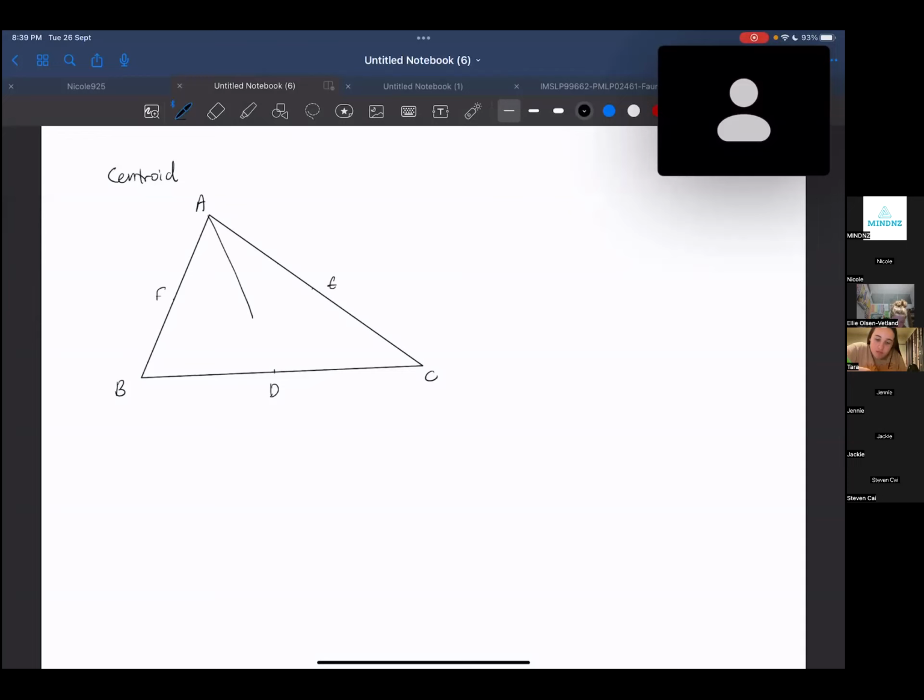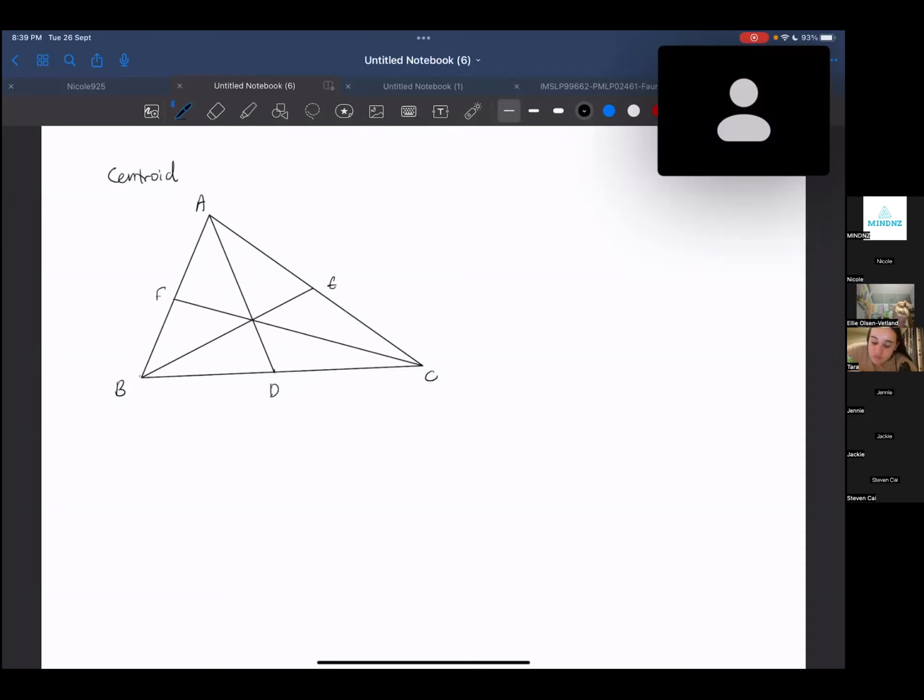I've eyeballed it a little bit, but hopefully they line up. Okay, these line up really well. So what we've done is we've split up each side.